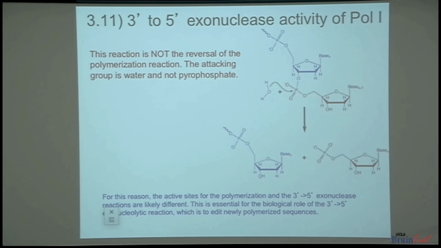We know that from various kinds of structural studies on many DNA polymerases. The fact that this occurs at a different site is critical to the biological role of the 3' to 5' exonucleolytic reaction, because that's what allows us to trigger this reaction when there's a mistake. We'll see how that works in just a sec.